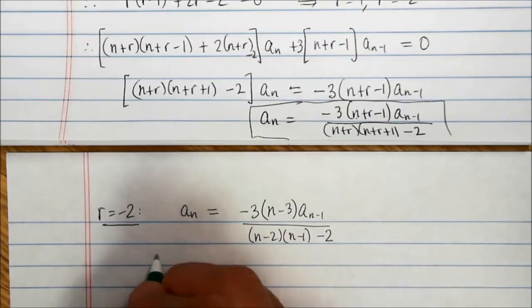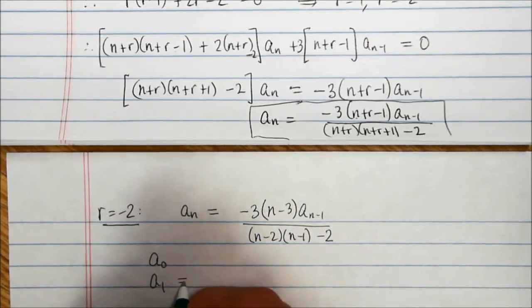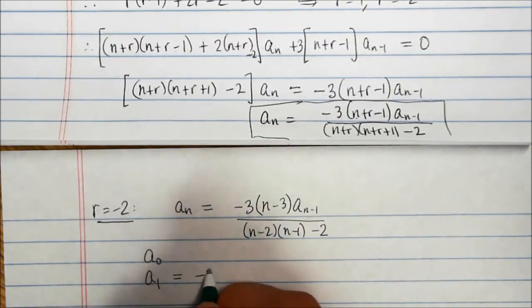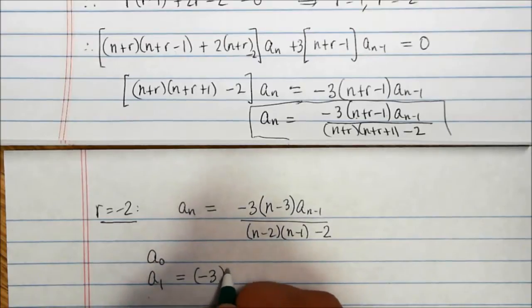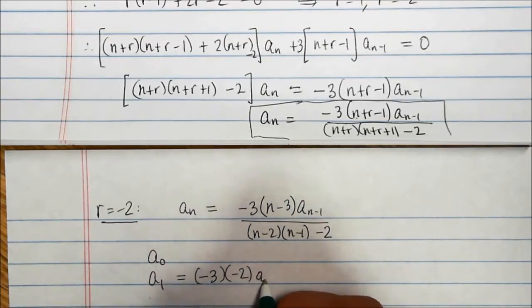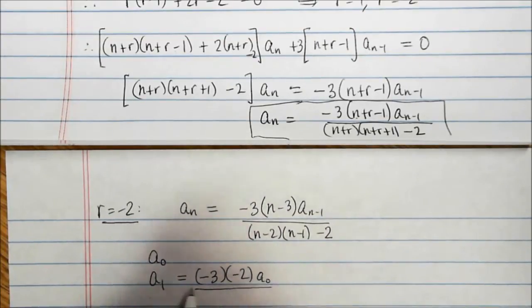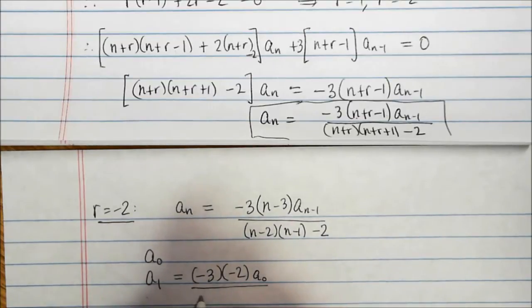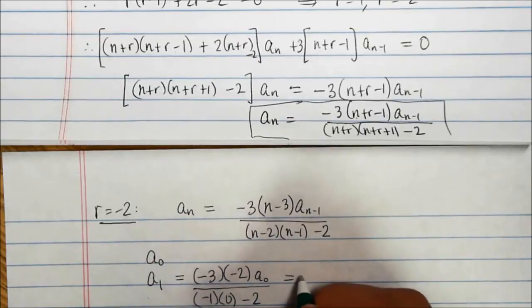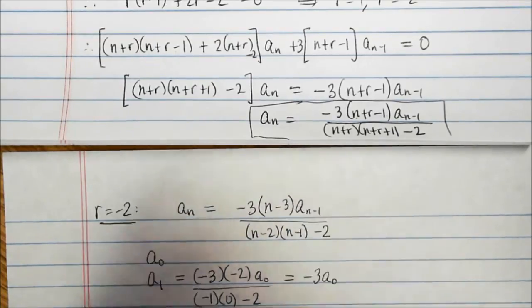Okay, so let's see what happens. We start with a sub 0. A sub 1 is going to be equal to negative 3 times negative 2 a sub 0 divided by, if I plug in 1, negative 1 times 0 minus 2. So that works out to be negative 3 a sub 0.